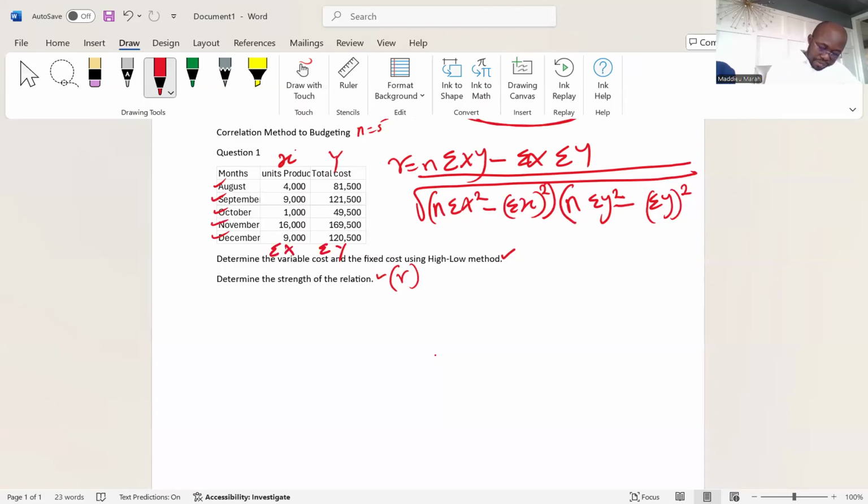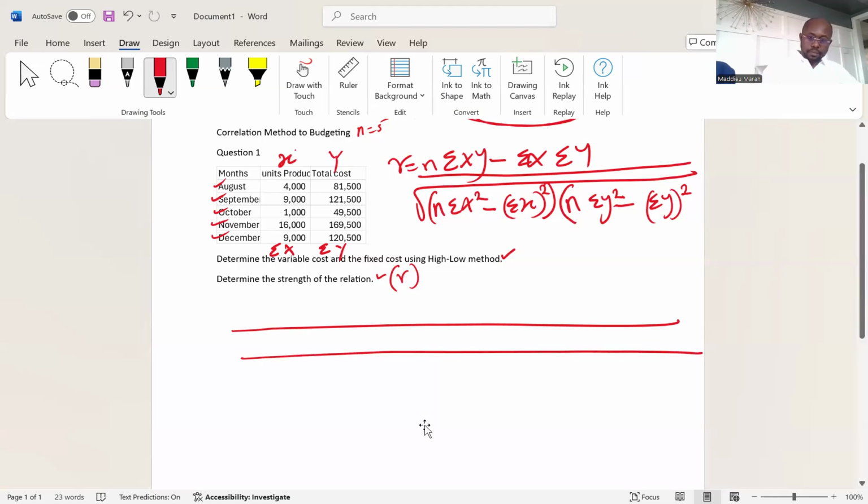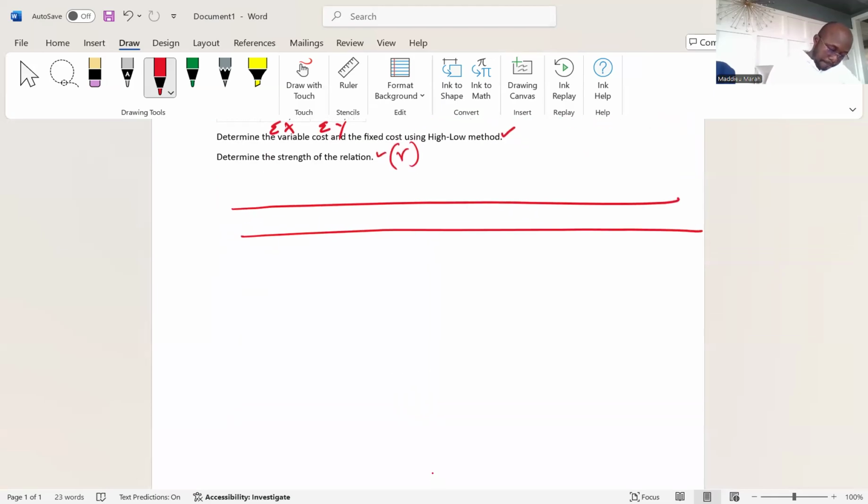So I will have a table. In this table, I have my value for x here. I have my value for y here. I have my value for xy.